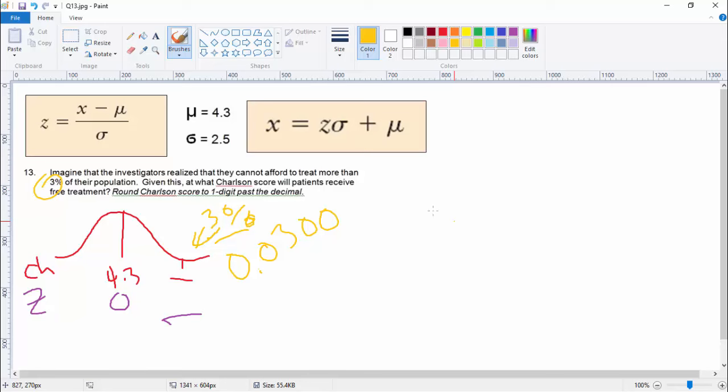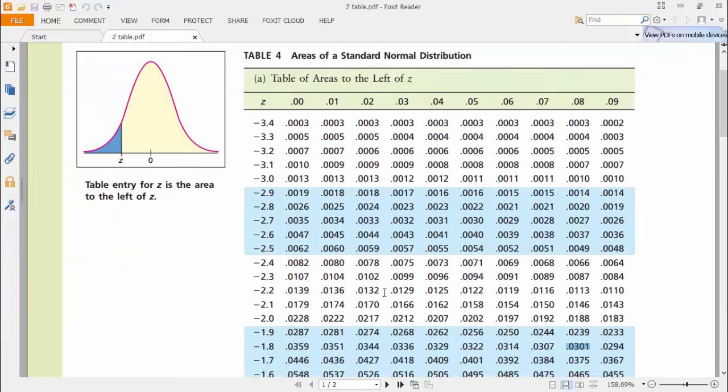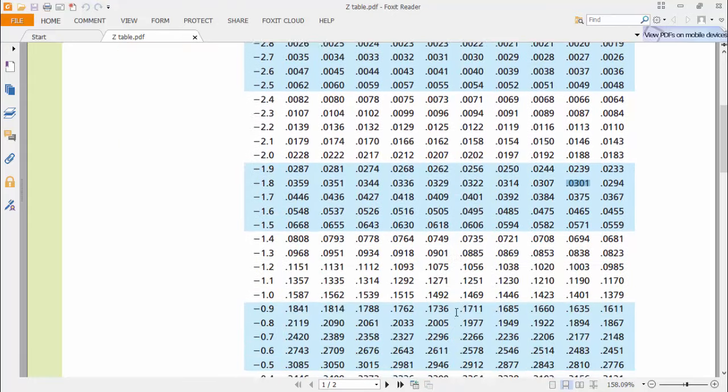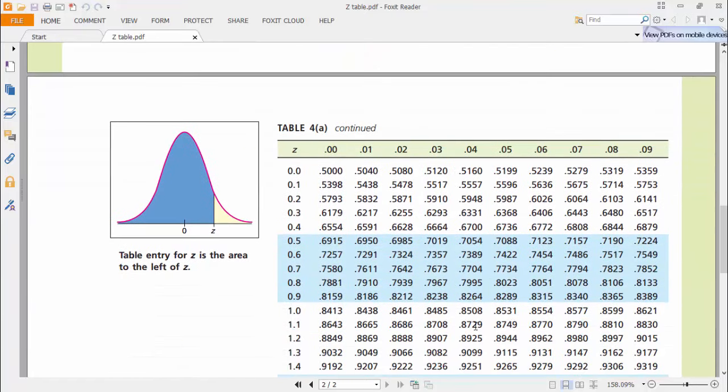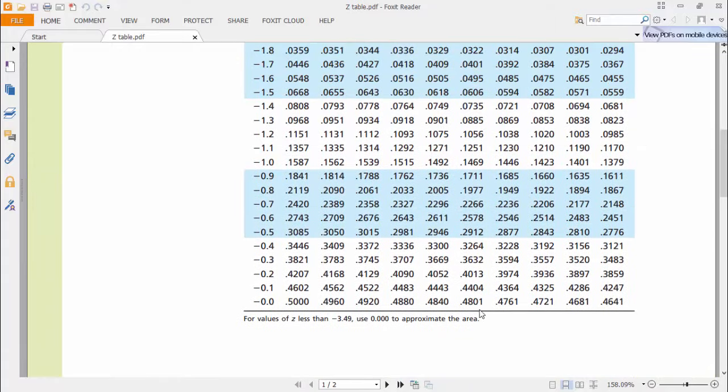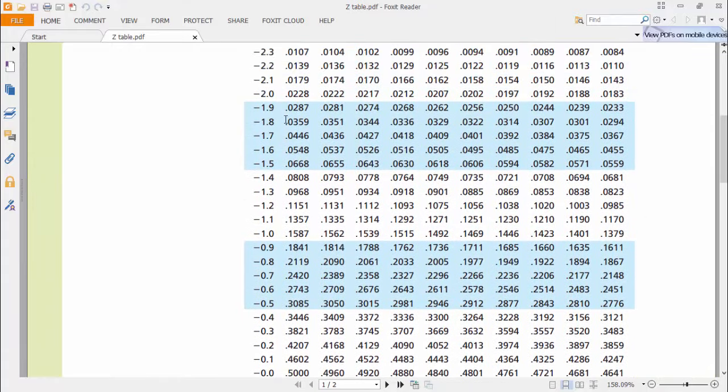Then we move over to the Z table and we dig around in the middle of the Z table. So you'll notice here we're in the middle of the Z table. If you're over on the positive side here, you'll see this is big money, like 0.8508. We're literally looking for 0.0300. So you've got to kind of look around. Oh, here we are in the neighborhood. 0.02, here's some 0.03s.